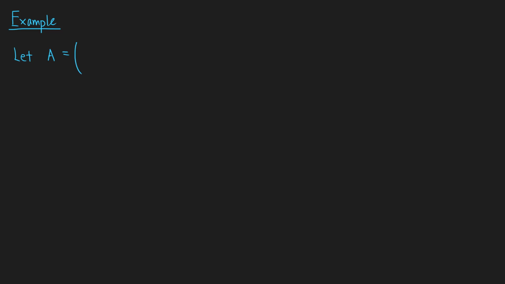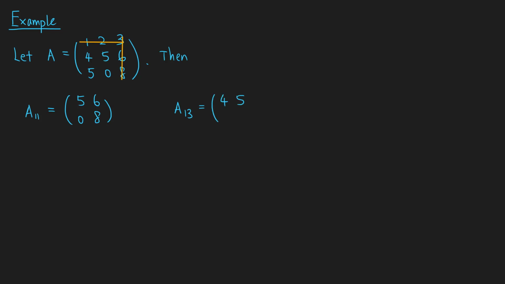Let A be the matrix 1, 2, 3, 4, 5, 6, and 5, 0, 8. Then, the 1,1 minor of A is obtained by deleting the first row and the first column, so we are left with the matrix 5, 6, 0, 8. Similarly, the 1,3 minor of A is obtained by deleting its first row and third column, so we get 4, 5, 5, 0.